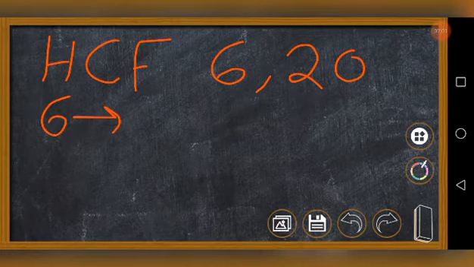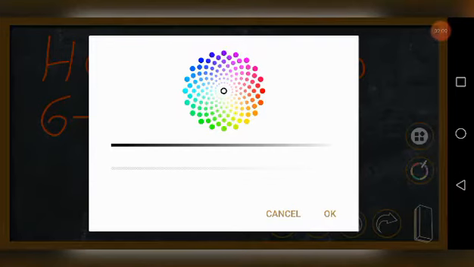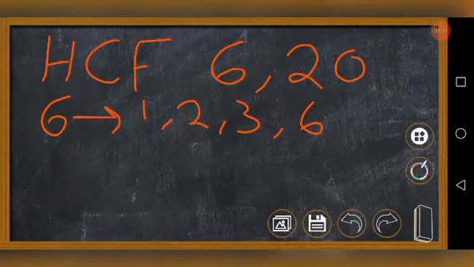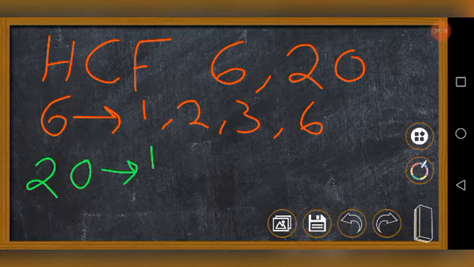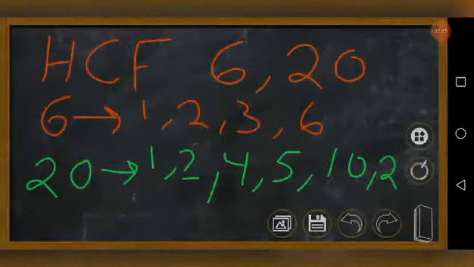The factors of 6 are 1, 2, 3, and 6. Now 20. The factors of 20 are 1, 2, 4, 5, 10, 20.